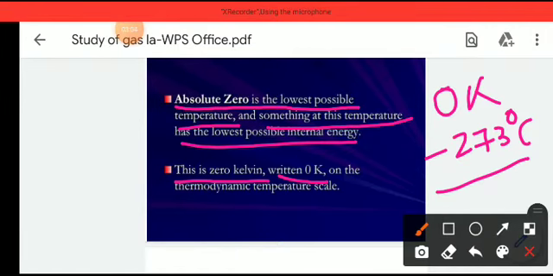It is hardly possible to achieve. This temperature is almost impossible for scientists to achieve till now. At this very low temperature, what happens?